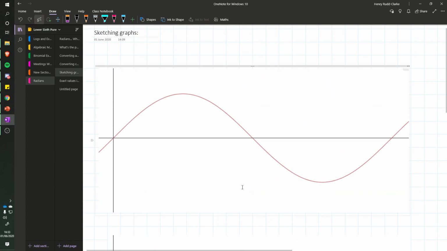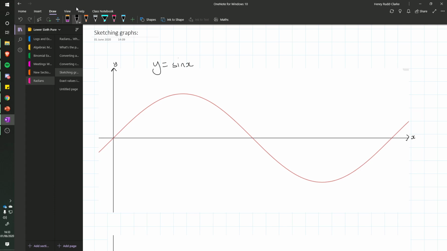Graphs. There are going to be a lot of occasions where we have to sketch graphs. So this is going to be the graph of y equals sine x in radians. In radians, nothing is going to change about this graph except for the scale. The vertical scale is also not going to change. The graph is still going to be between 1 and -1.